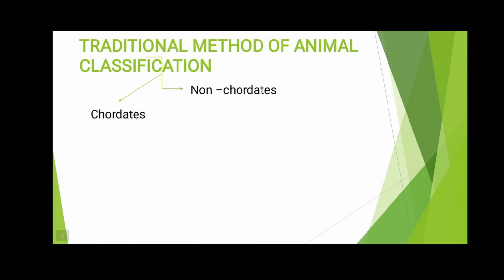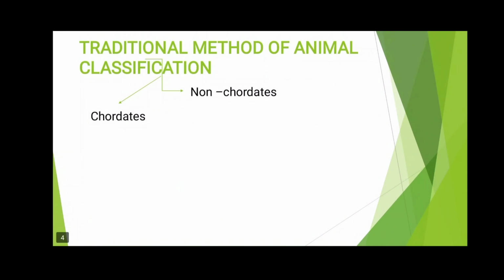So students, tell me what is notochord? Anyone knows what is notochord? Notochord is a long rod-like supporting structure present on the dorsal side of the animal body. The function of the notochord is that it keeps the nerve tissue isolated from the remaining body.